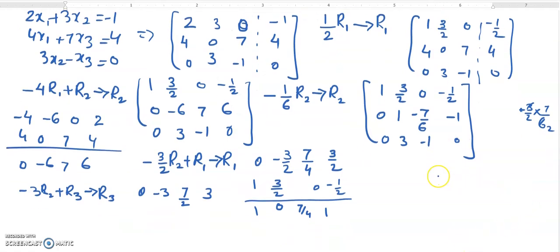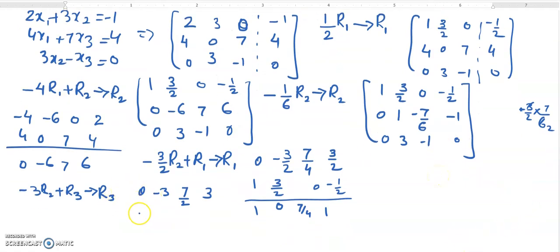If I add it into the third row, which is 0, 3, -1, and 0, it will be 0, 0, then 7/2 minus 1 is 5/2, and then 3.